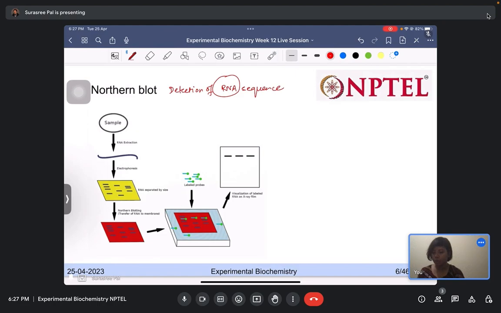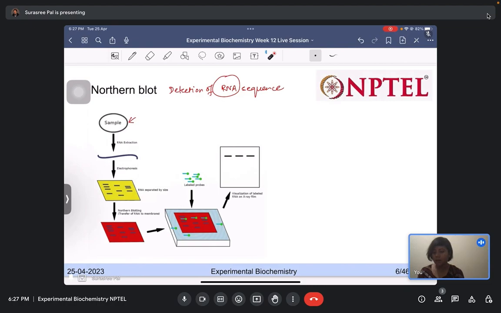Similar to southern blot, we have a sample from which we extract the RNA, and then the RNA is run on a gel. Gel electrophoresis is done on agarose gel, and then the RNA samples are transferred onto our membrane, which is usually a PVDF or nitrocellulose membrane, right?